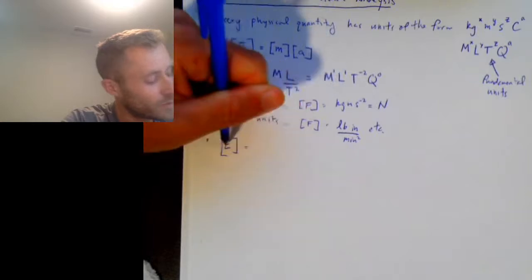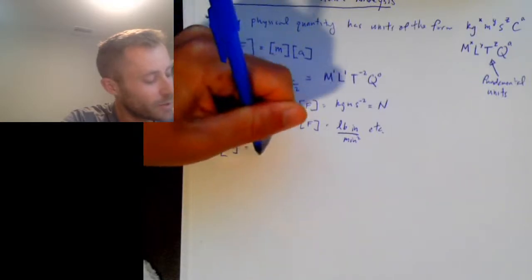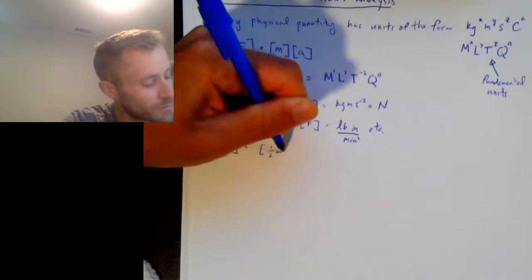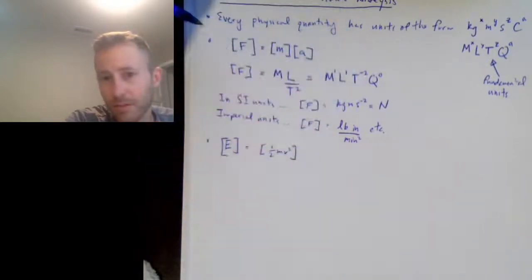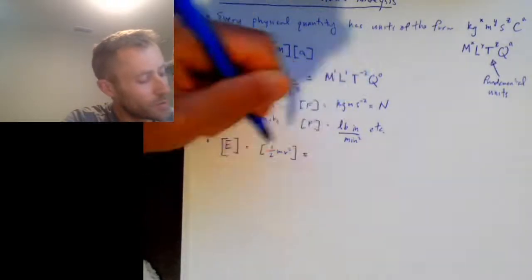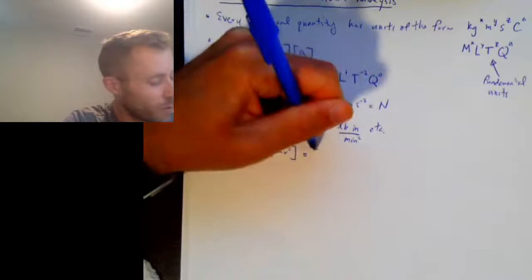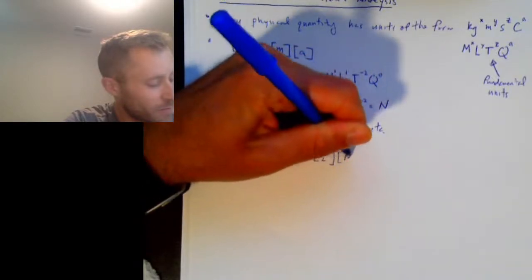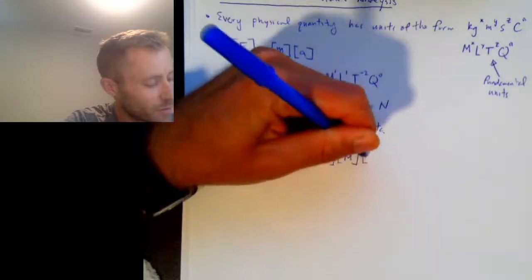So the units of energy are going to be the units of 1/2 mv squared, which is just going to be the units of 1/2 times the units of mass times the units of speed squared.